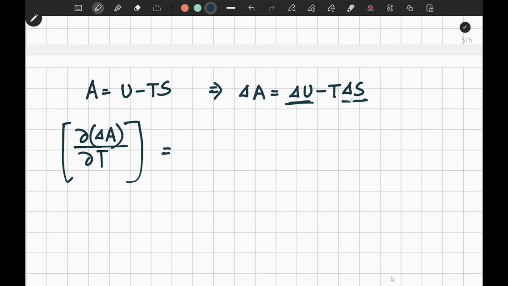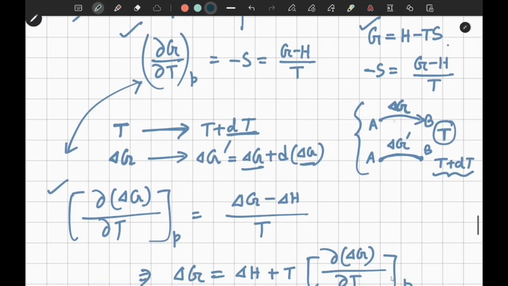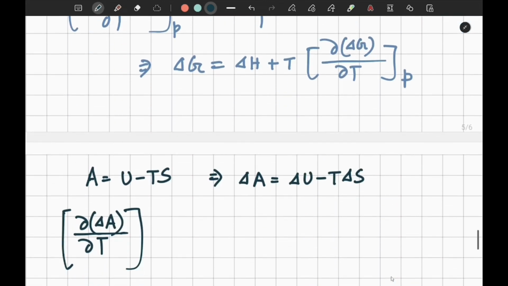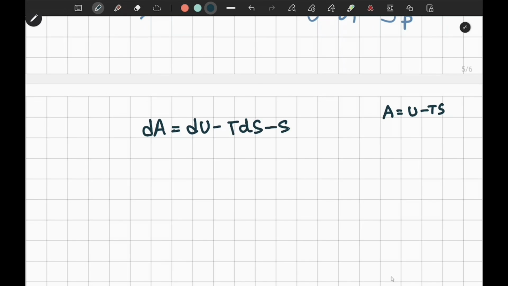So we can follow the procedure that we have already followed here, but instead of G we do it for Helmholtz free energy. Let me do that. What is the general form of A? A is U minus TS. So dA is dU minus TdS minus SdT.